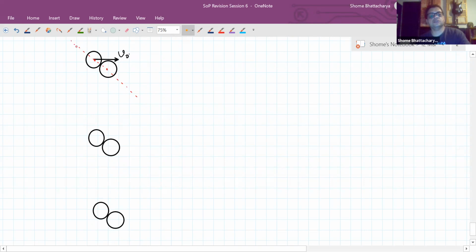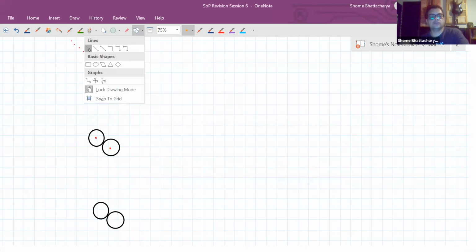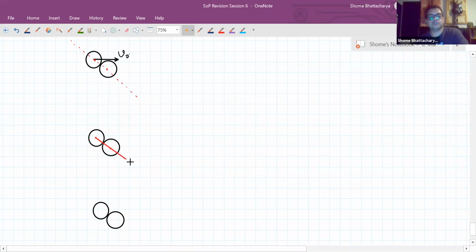This is the line of impact for the collision, because when they come in contact at that point of time, you can see that the collision impulse vectors will be acting along this center to center line.